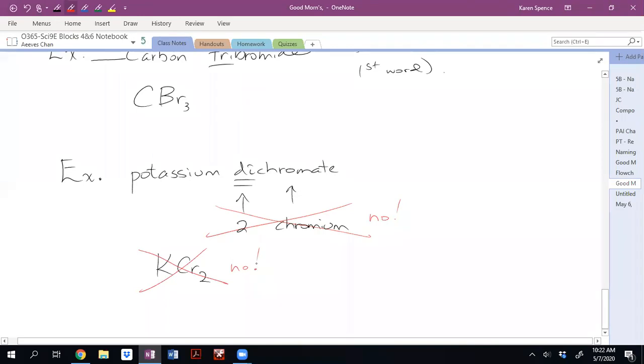Does anyone know where we would find dichromate? Yeah, it has that ate ending. It is on the polyatomic ion chart.